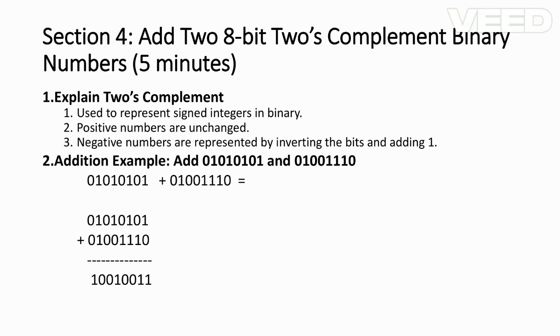So when we add these binary numbers, this is what you get. What we have to understand is that 1 and 0 is 1, and 0 and 1 is 1. When we have 1 and 1 is 2, the answer will be 0, and we carry the 1 forward, just like we carry forward in our decimal system.